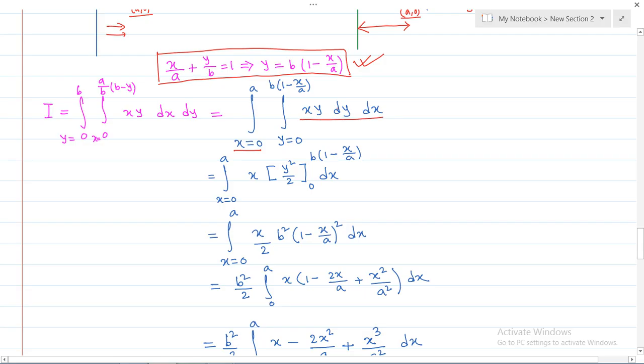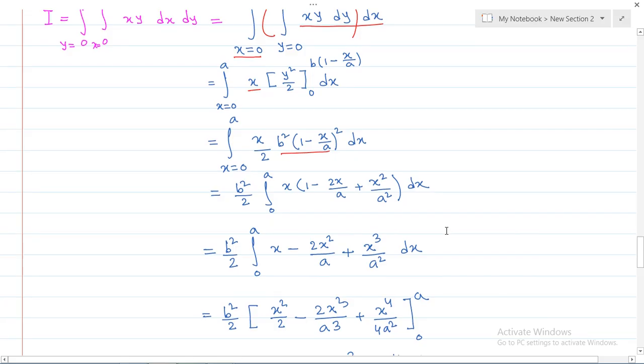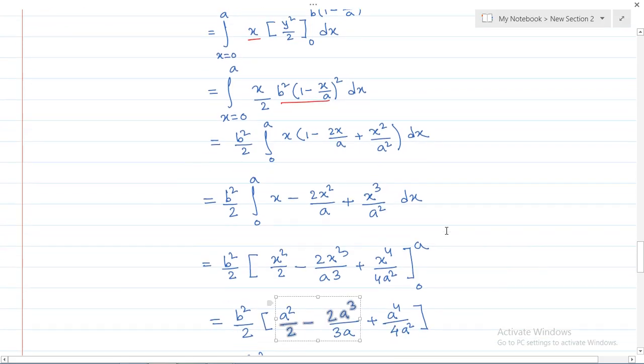Since we have to integrate first with respect to y, we can treat x as a constant. So x is going outside, and the integration of y is y square divided by 2. We substitute the upper limit minus the lower limit in place of y. After doing this calculation, b square by 2 is coming as a constant, so we have taken b square by 2 out of the integration, and x is multiplied with 1 minus x upon a whole square.